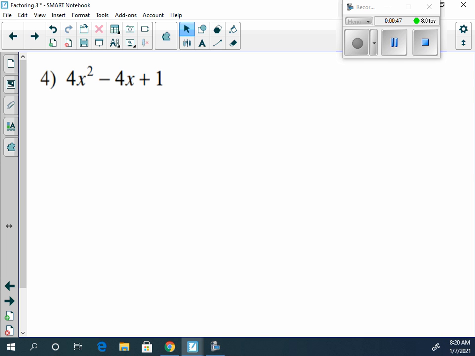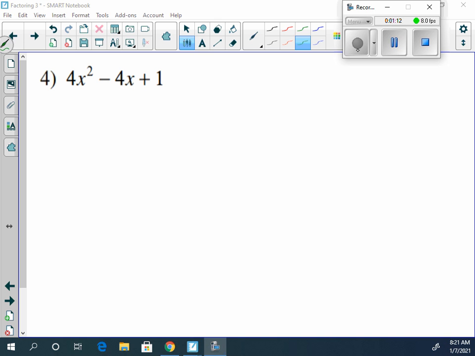Because this here, 4x squared minus 4x plus 1, there's a method that we could go about doing, and I could show you how to factor these, but it's not any easier or simpler than doing it the way we've been doing it. By first looking to see, is there a greatest common factor between these 3 terms? Okay, so there's not a greatest common factor between these 3 terms here.